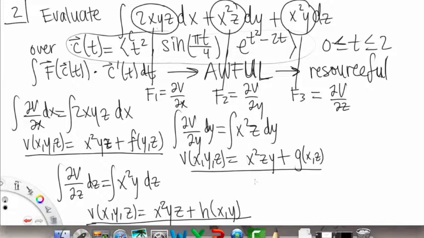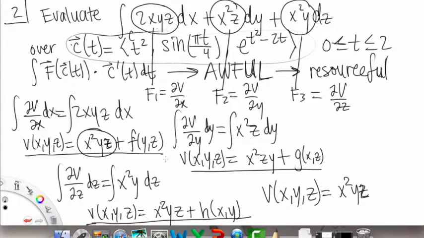So let's go shopping and see what we actually need from each of them. Our final function should include, from the first one, a term like x squared yz. From the second one, x squared zy, we already have something like that, so we don't need a duplicate.